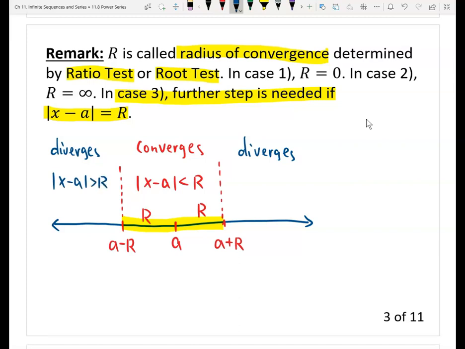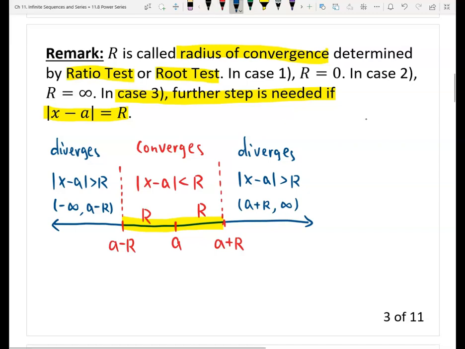Or you can write it as an open interval from negative infinity to a minus r, and an open interval from a plus r to positive infinity. Can you see? This is what the theorem gave us.